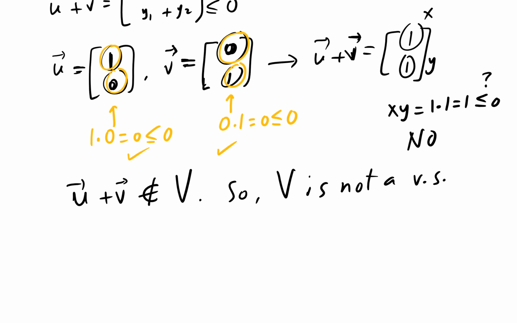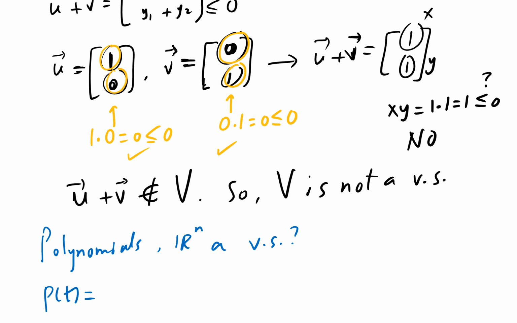Let me give you a different kind of example, an example related to polynomials. Say Pn. Is Pn a vector space, where polynomials can be written as a0 plus a1 t plus a2 t squared plus all the way to an t to the n?